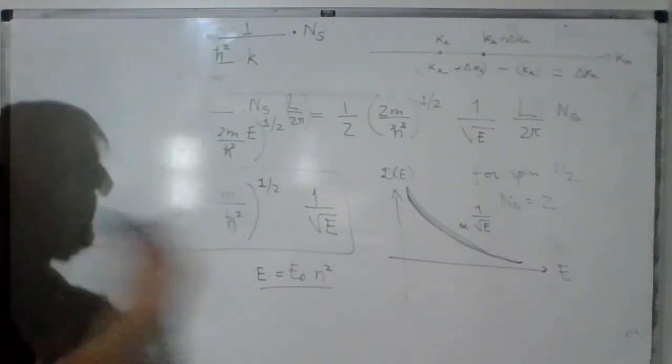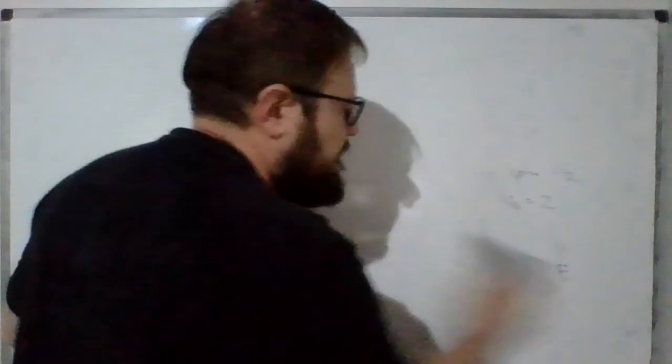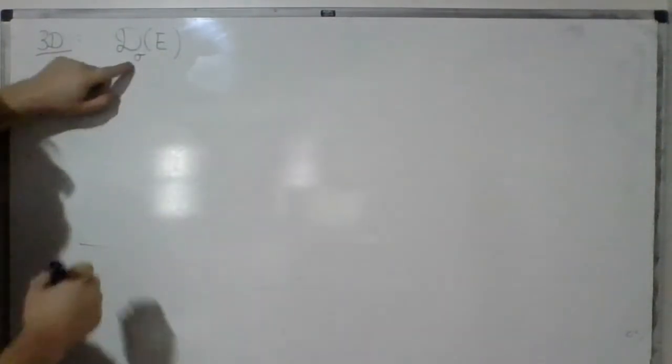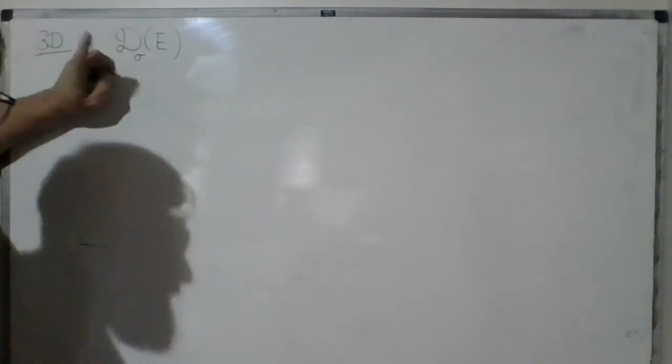Now we will calculate the three-dimensional situation. In three dimensions, we have the density of states. If you want to insert spin, we have a factor of 2, so I will use the subindex sigma for a given sigma, up or down.